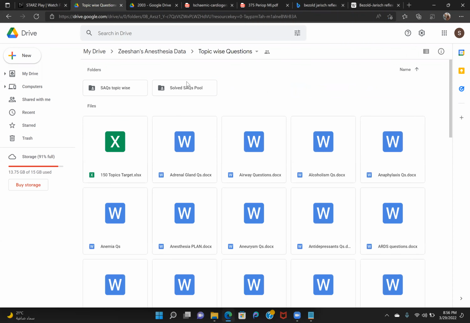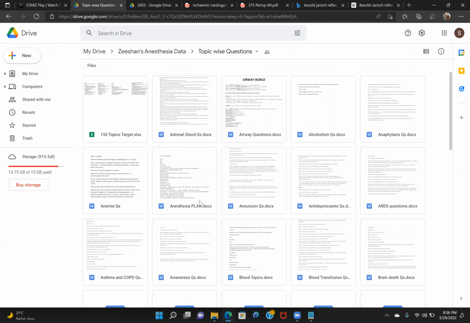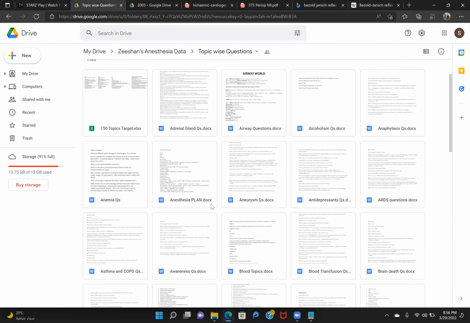And in this folder, you will find a number of questions I have dissected. Before I started taking these sessions, I used to note down the questions and share them with the people, and people used to ask, sir, where are the answers to these questions? So actually they don't want to work at all. Even if you know, I'm telling you, these are the points which you should know about that topic.